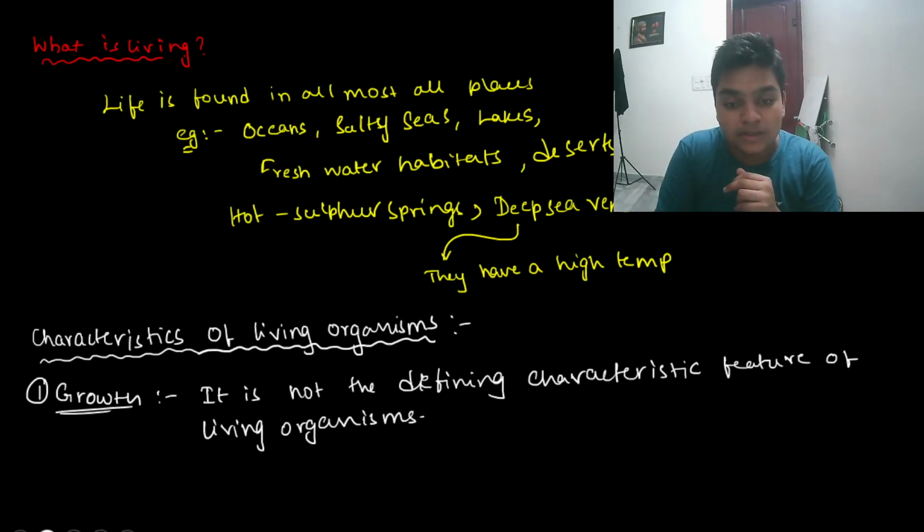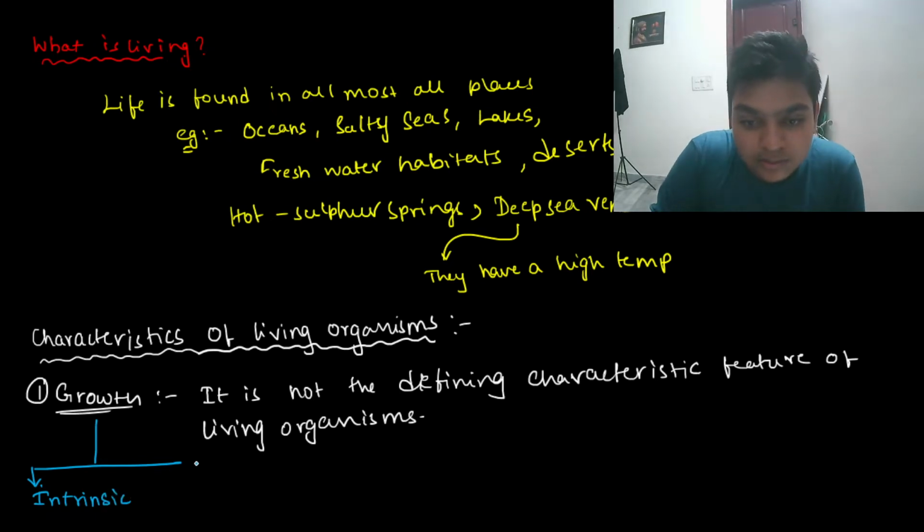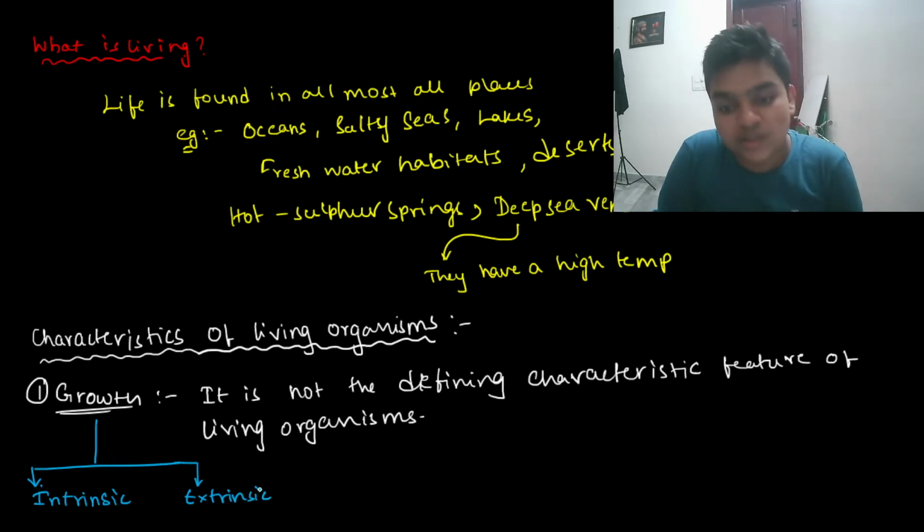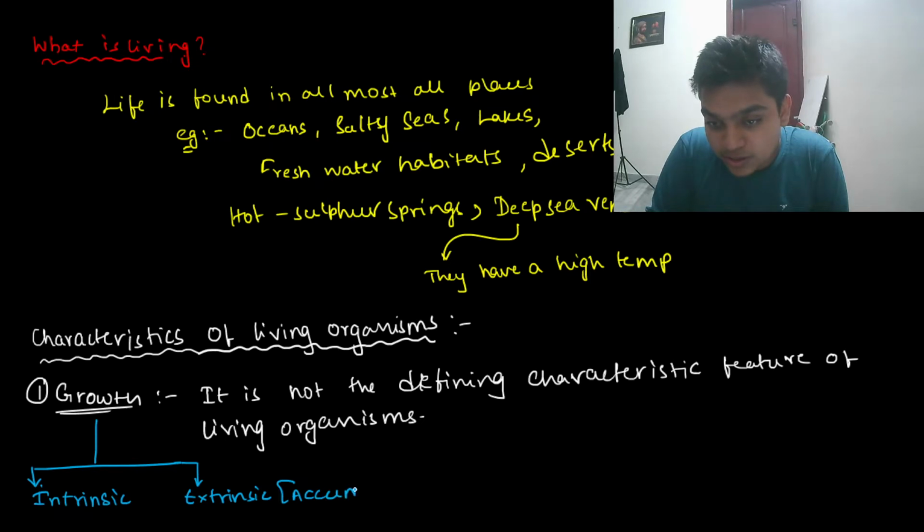So basically, you can classify growth under two types: intrinsic and extrinsic. Intrinsic growth is the growth happening inside the body of an organism, that is the increase in cell mass. Extrinsic growth is simply the accumulation of substances.